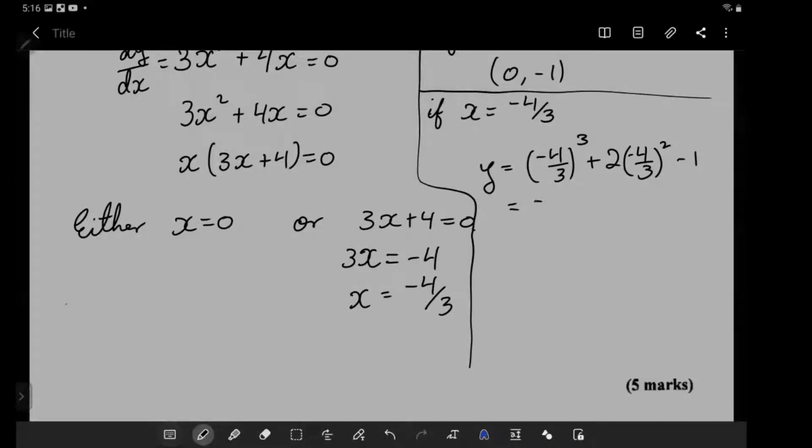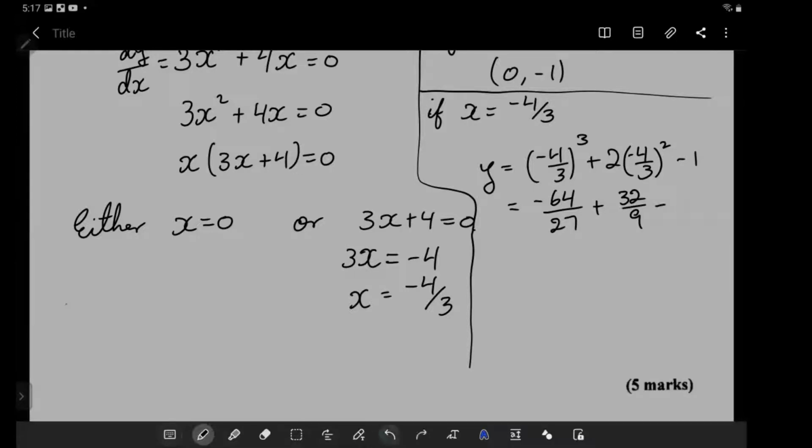So we get negative 64, and 3 cubed is 27. Plus negative 4 squared is 16, so 16 over 9. But we are multiplying by 2, so we get 32 over 9. 2 by positive 16 is positive 32. And then finally, we have minus 1.